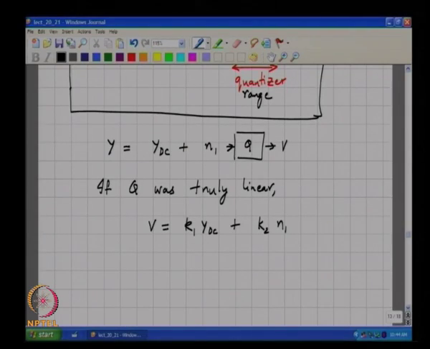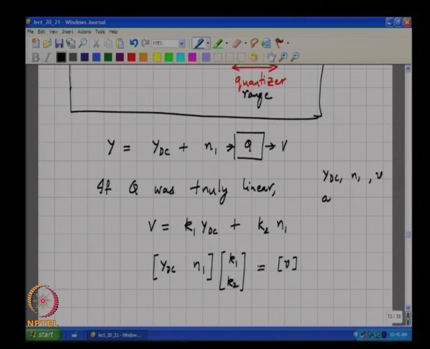If y dc and n1 were given, then I will form a column vector y dc, and another column vector n1. These multiplied by k1 and k2 must be equal to v, where y dc, n1 and v are column vectors, correct.